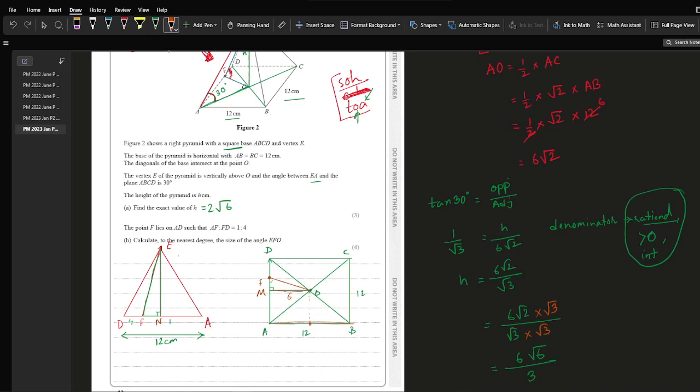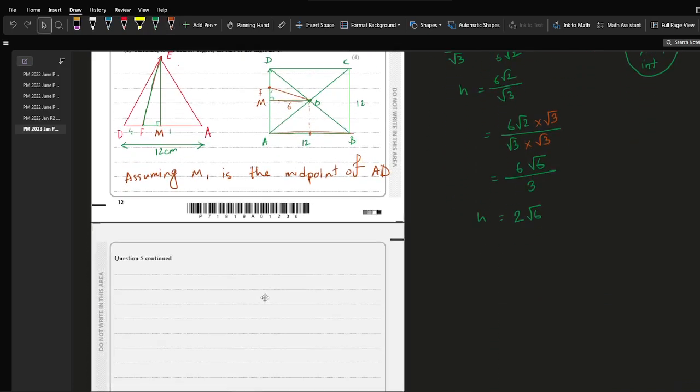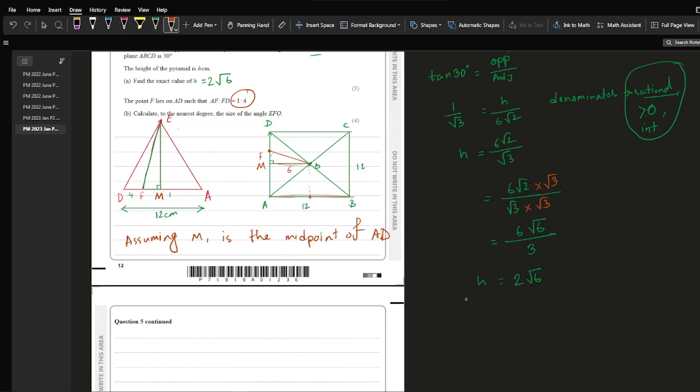How are we going to find MF? What we can do is use this ratio right here, assuming M is the midpoint of AD. So that means this is also M. We have to find MF.